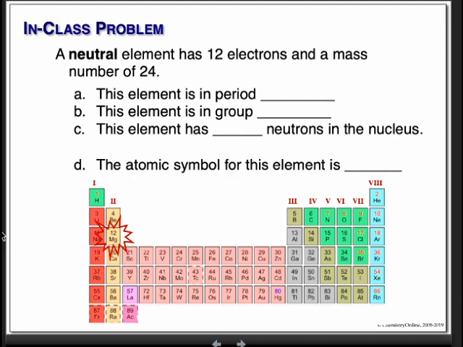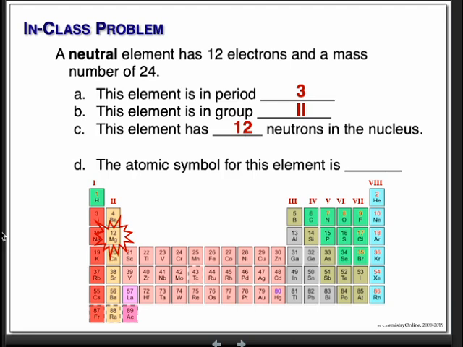All right, we are in what period? 1, 2, 3. We're in what group? Group 2. If we have 12 protons and 24 is our mass number, we must have 12 neutrons.